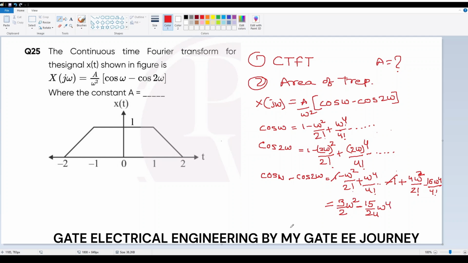So X of j omega is equal to A by omega square into 3 by 2 omega square minus 15 by 24 omega to the power of 4. I am leaving out the higher order terms. It will give A into 3 by 2 minus 15 by 24 omega square, where the omega square gets cancelled.